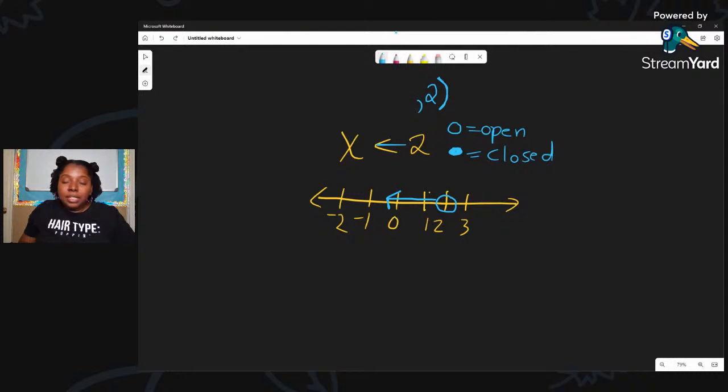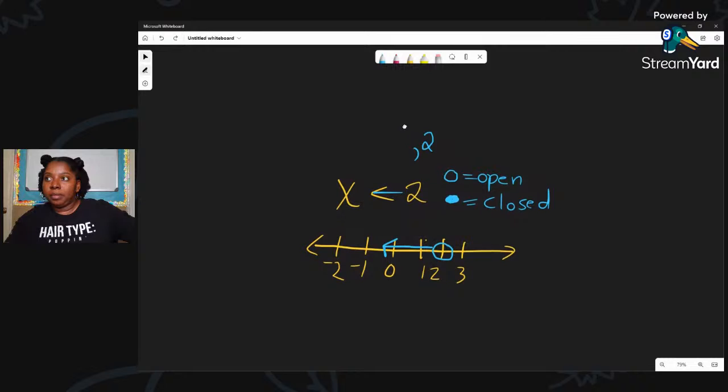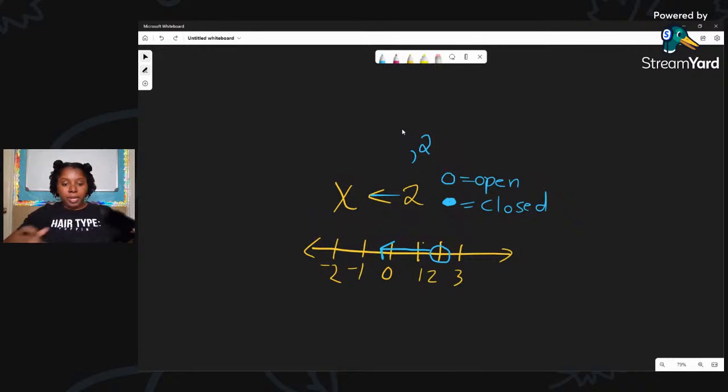If that 2 was included, and let me pull it down so you guys can see it better. Okay, there we go. If the 2 was included, like it had that equal to sign underneath, we would put that bracket like that. Okay, right. 2 is not less than 2. So it's not included. So we're going to put it like that.